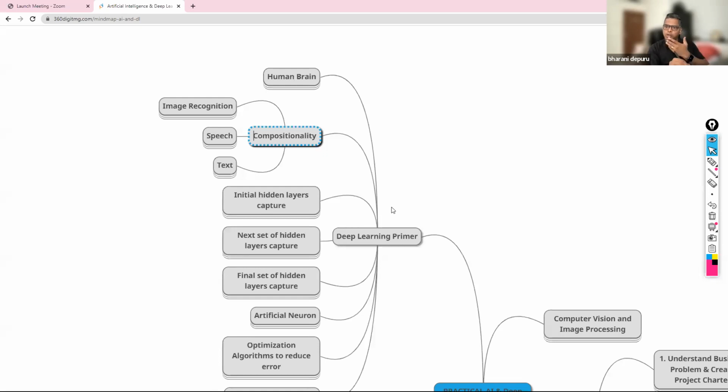Then we spoke about compositionality. What do you mean by compositionality? Compositionality means the human brain as well as your neural network would have something called hidden layers. It is going to learn small, very basic things first, then move on to understand slightly complicated things, and finally it will understand very complicated things.